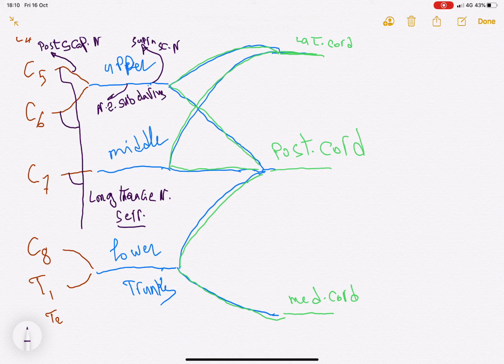We move on to the cords. Lateral cord. Lateral starts with an L, right?